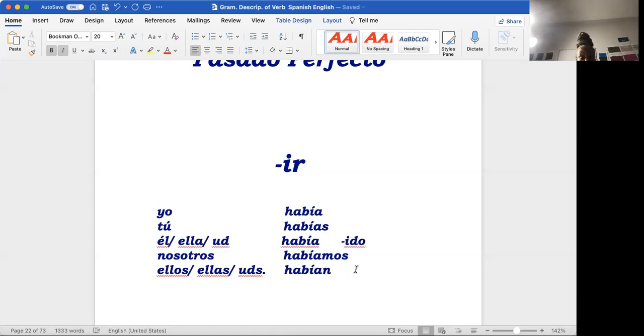Don't be fooled, because to have can be an auxiliary verb as well as a main verb, just like to do and to be can be auxiliary and main verbs. You have to have that very clear in your mind in English.